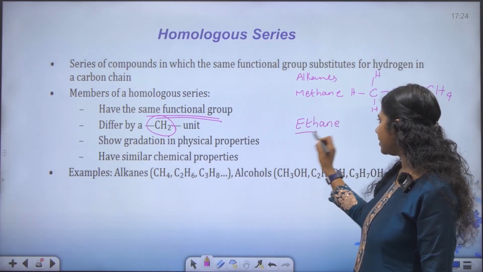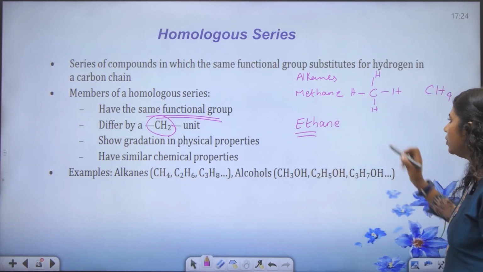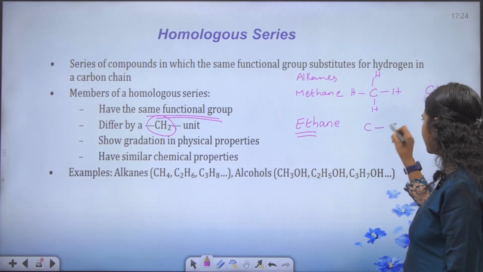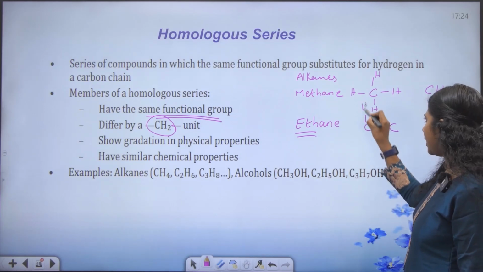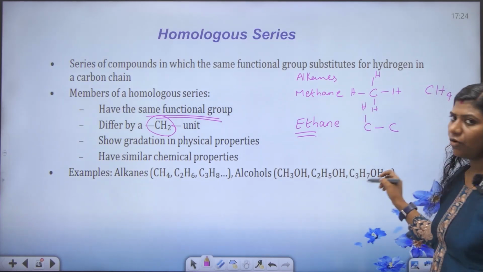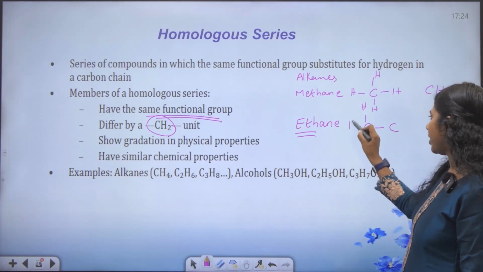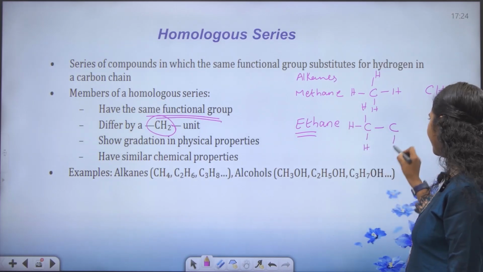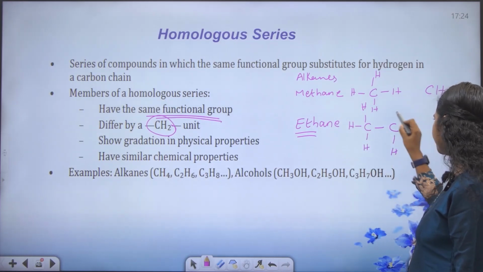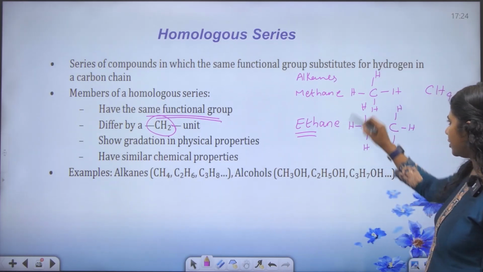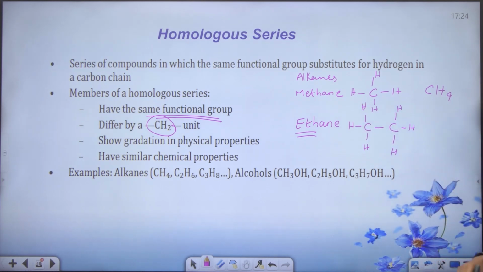We know that E stands for 2 carbon atoms. So in the structure of ethane, each carbon atom satisfies only one valency with the other carbon and the remaining 3 valencies are satisfied by hydrogen atoms. The first carbon atom is connected to 3 hydrogen atoms and the second carbon atom is also connected to 3 hydrogen atoms. Total number of carbon atoms is 2 and total number of hydrogen atoms in the ethane molecule is 6.